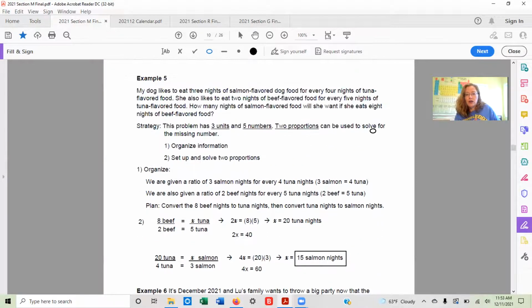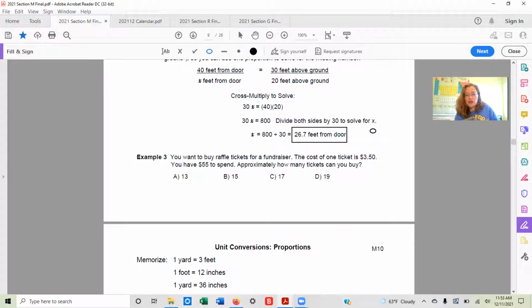For example, I had one on the previous page where you buy raffle tickets for a fundraiser. Each ticket costs $3.50 and you have $55 to spend. With that one, let's pretend we came out with, maybe 17.7 for our answer.